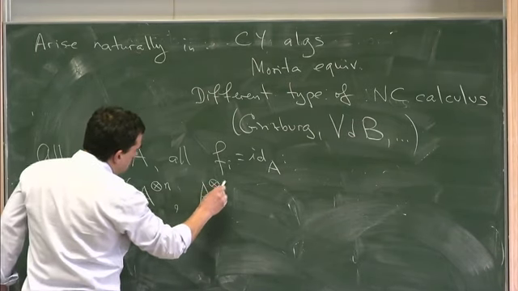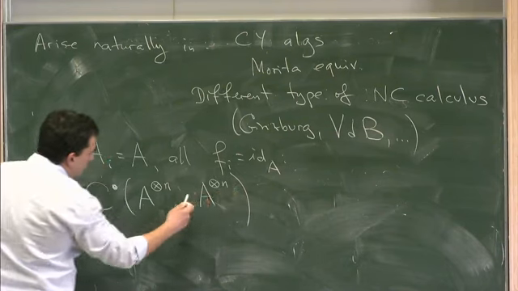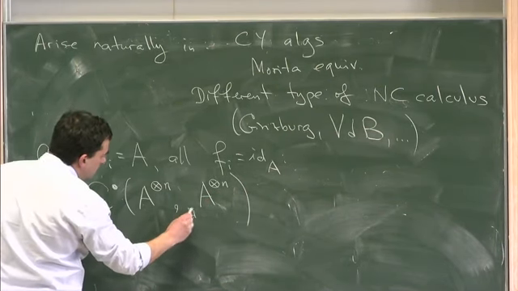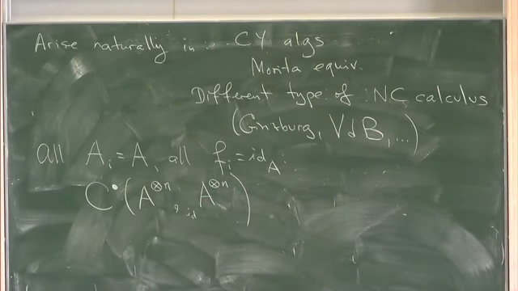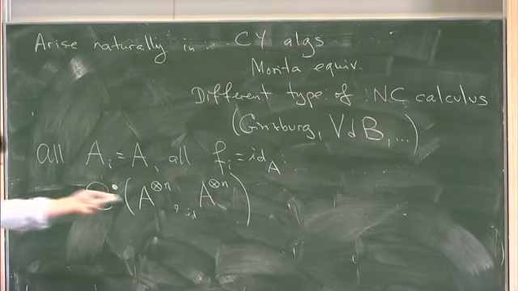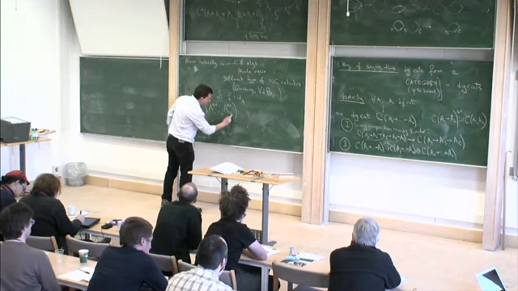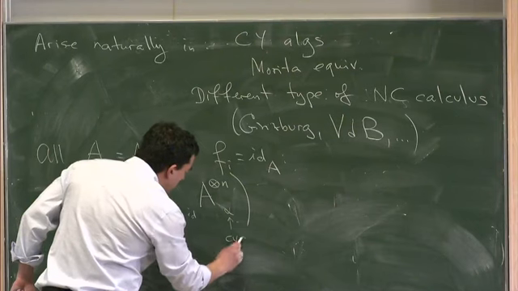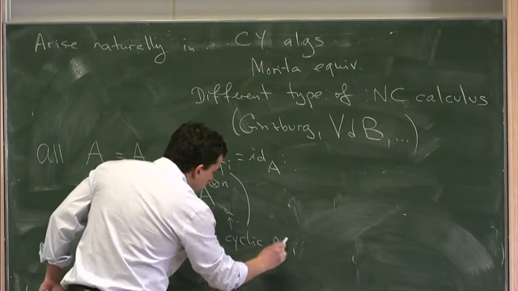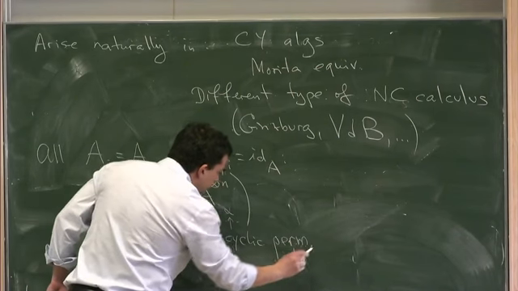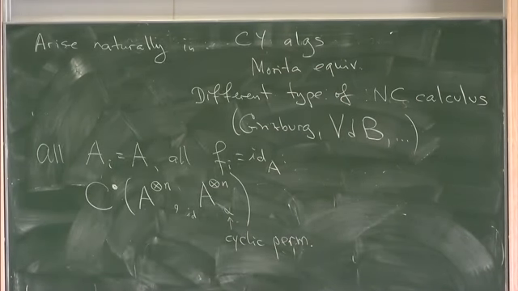But this A tensor n is an algebra, it acts on itself on the left trivially, I mean not trivially, but through the identity morphism, and on the right through the cyclic permutation. So let's keep this in mind.